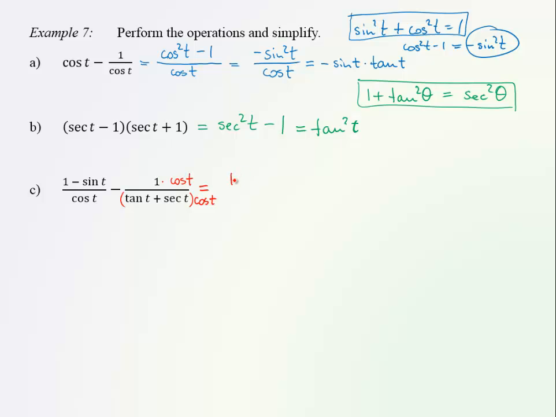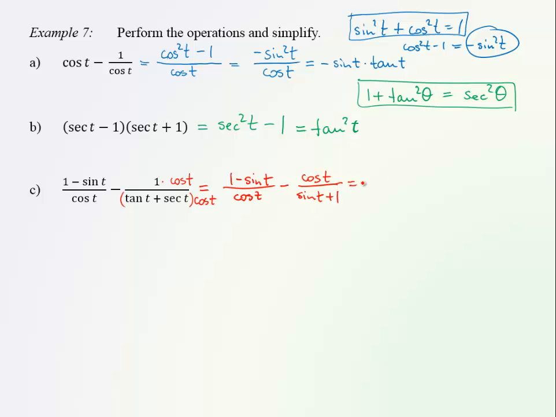So what I really have is 1 minus sine t over cos t, and then it's minus cos t over cos times tangent is just sine, and cos times secant, which is 1 over cos, is 1.